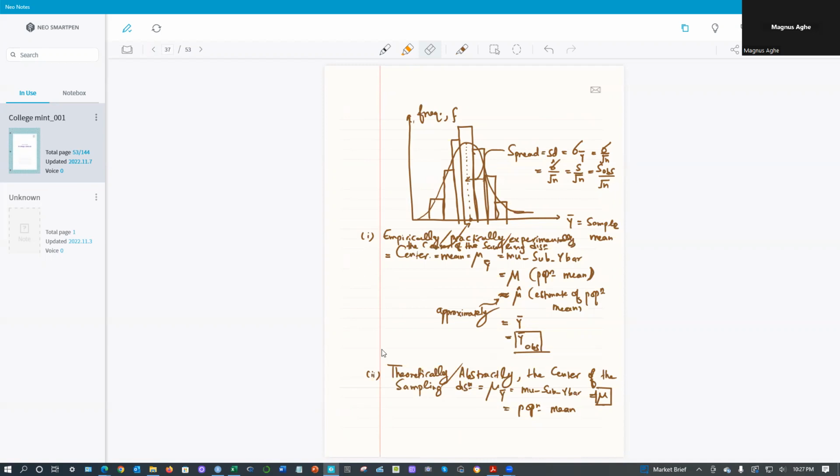But now we're going to look at our setup in a different way. Let's say theoretically, when you draw the sampling distribution of the mean, its center should be the population mean, which is what we are trying to estimate.